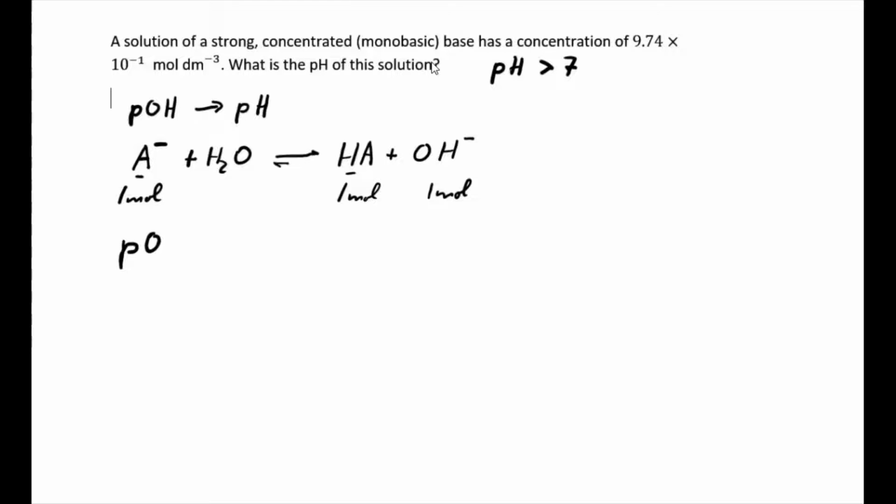Because what we can do is calculate the pOH of a solution, and we know that the definition of the pOH of the solution is minus log to the base of 10 of the hydroxide ion concentration, and I write it like that. That is the hydroxide ion concentration in the solution.